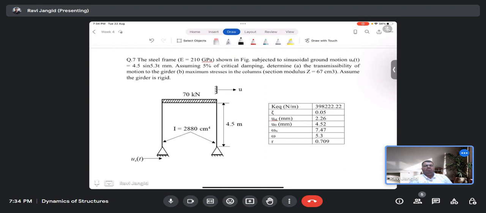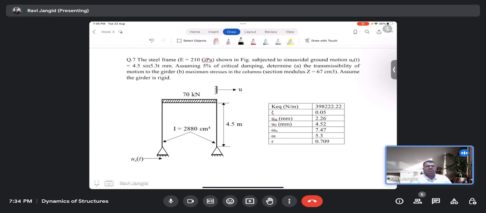When it comes to the stress in the column, will the stress be generated if I consider the absolute or the relative? If I consider the relative, then only my column will generate the stresses.